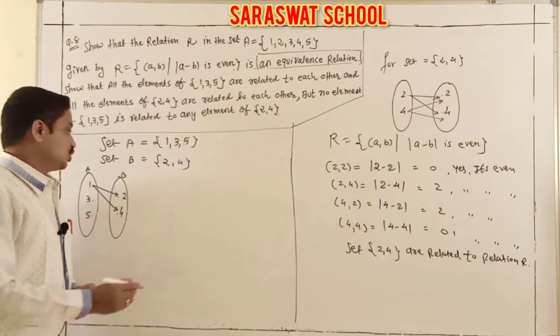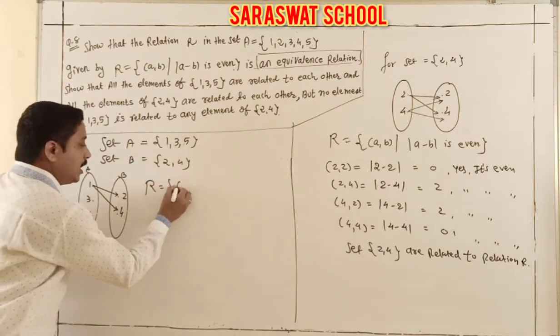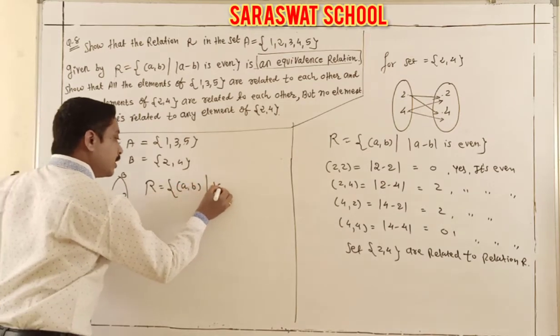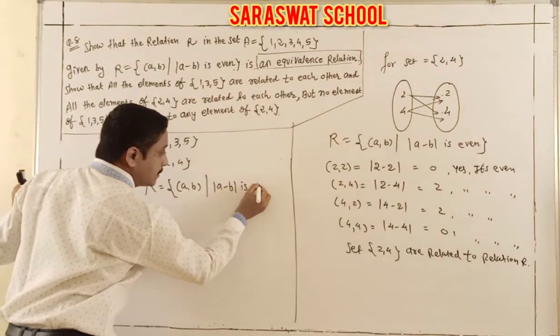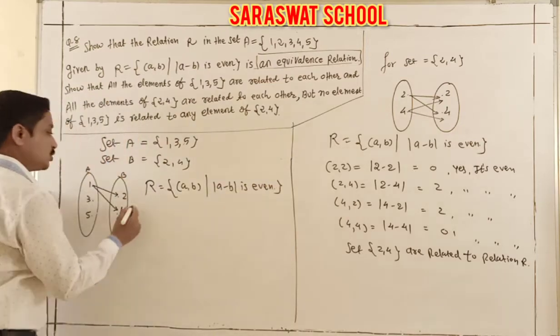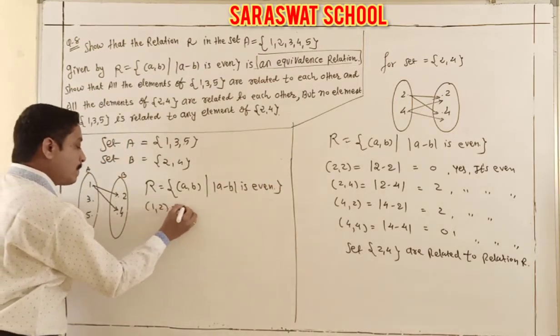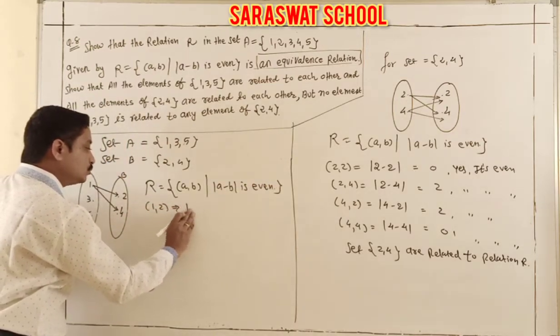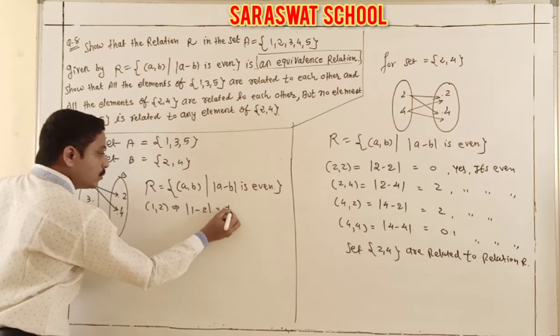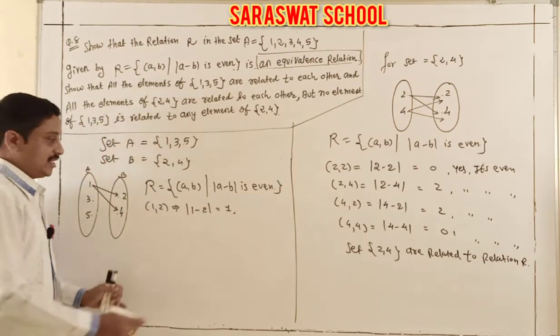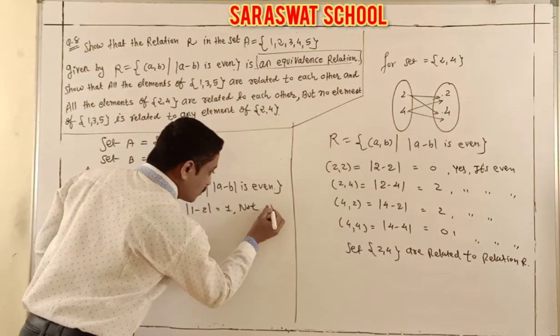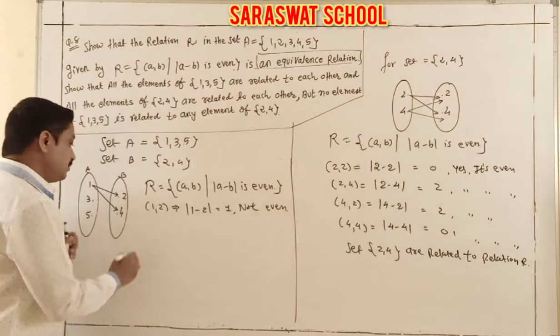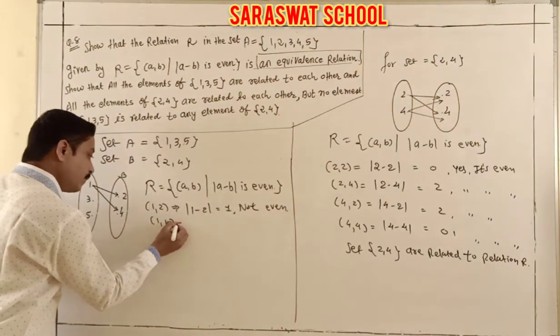No. So relation R is (A, B) such that A minus B is even. By checking, 1 minus 2 is 1. It is not even. Yes, it is an odd number. Similarly, next checking 1, 4.